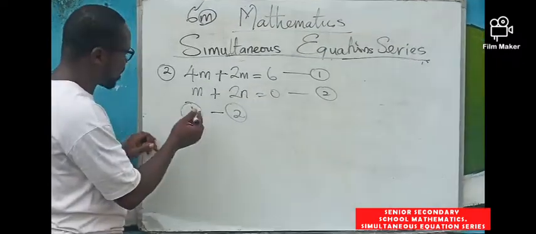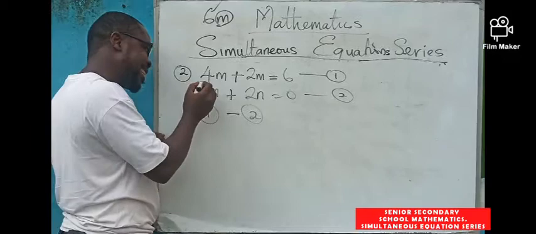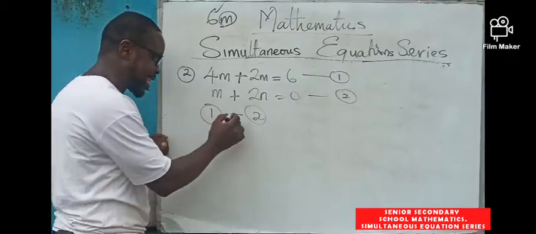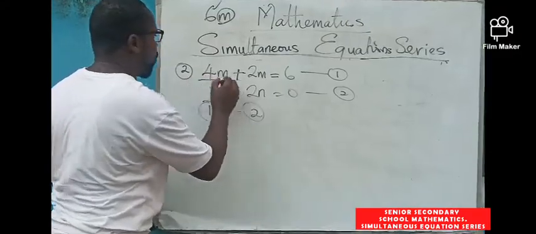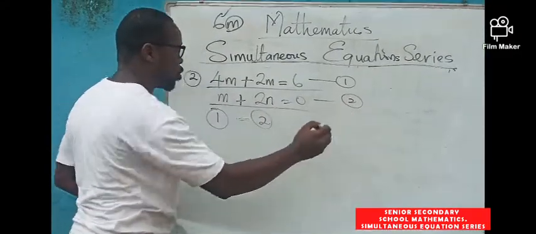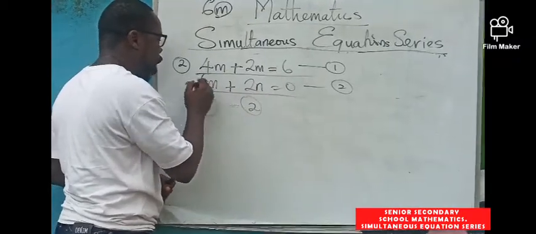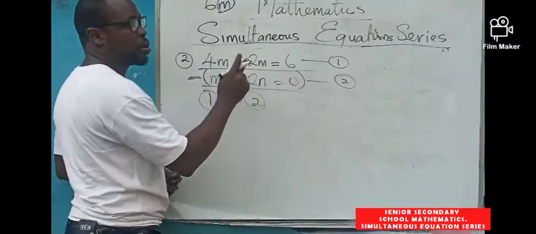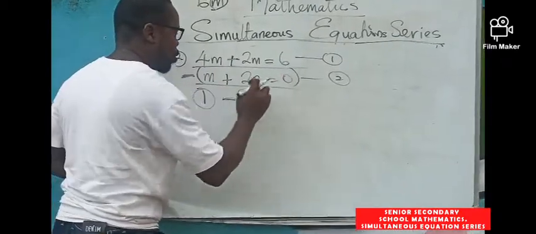So in this case, I simply say equation 1 minus 2. Meaning that if I want to introduce my sign, that is this minus sign, this is my equation 1, of course. This is my equation 2. Meaning that equation 1 is this minus equation 2. Look at what I did now. Equation 1 minus equation 2.